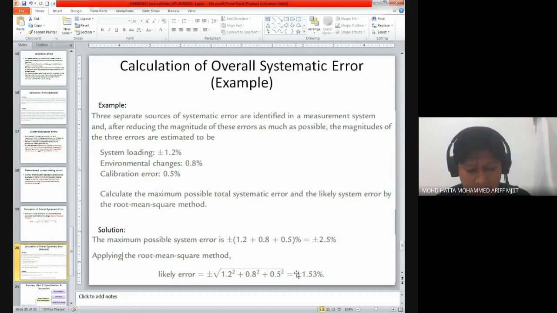But in normal cases, it is quite hard to actually know the systematic error in our measurement, but it can be quantified. So the idea is to use this approach.